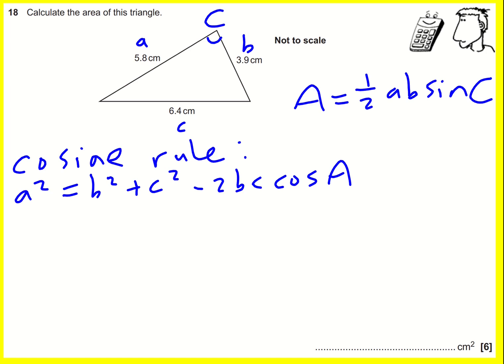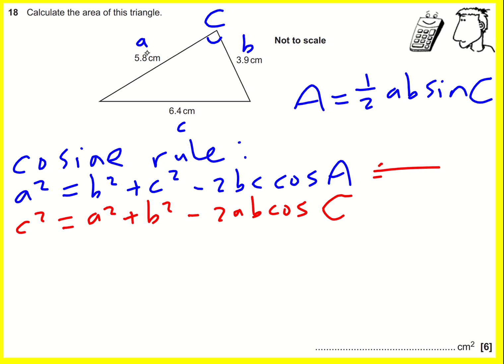You can switch it around. I can write that c squared is a squared plus b squared minus 2ab cos C. There's nothing special about labelling these angles. Normally I use the first one, but because I've labelled my triangle like that, I'm going to use this one here. You might have labelled your triangle slightly differently, but you're still going to be using the same formula essentially.